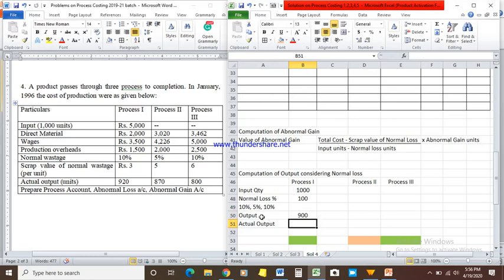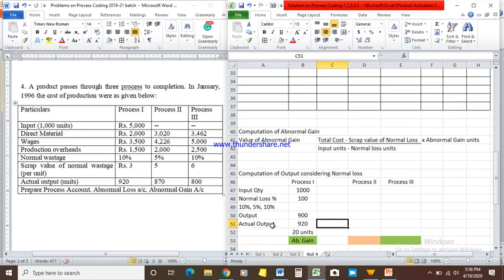This is a normal output, but actually we have received 920 units as an actual output, which means 20 units are surplus. So we call this an abnormal gain, also called effective units.